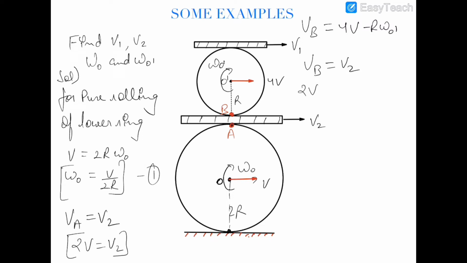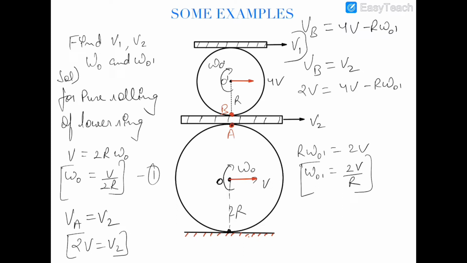So 2V is equal to 4V minus R omega naught dash, and R omega naught dash is equal to 2V. So omega naught dash is equal to 2V by R, and therefore the velocity V1 will be equal to 4V plus R omega naught dash. So V1 will be equal to 6V. So these are the values of V1, V2, omega naught and omega naught dash.